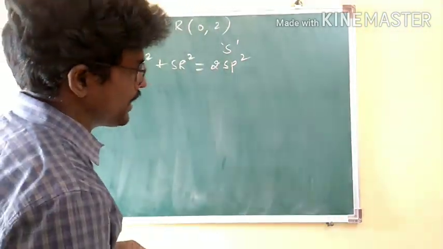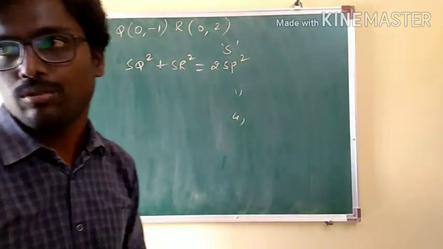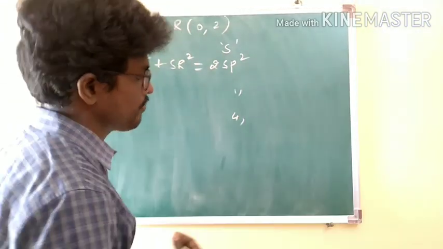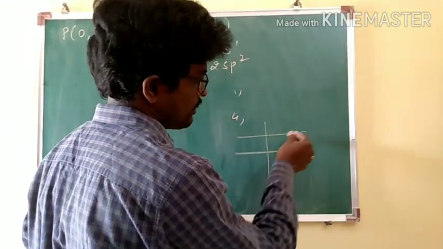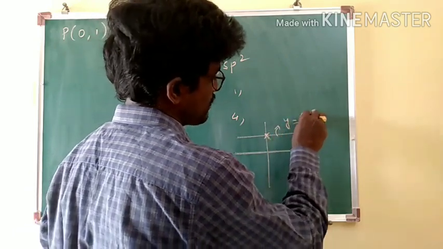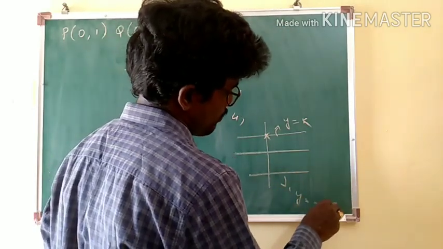So first let's analyze option 1 and 4, because we have learnt in coordinate geometry also. Option 1 speaks of a straight line parallel to x-axis. Whenever you have a straight line parallel to x-axis, that line is passing through the y-axis at a certain value, so we take the line as y is equal to k, or y is equal to minus k.